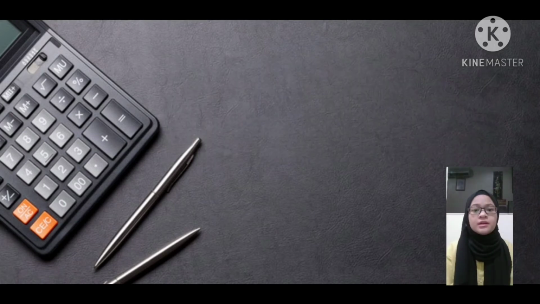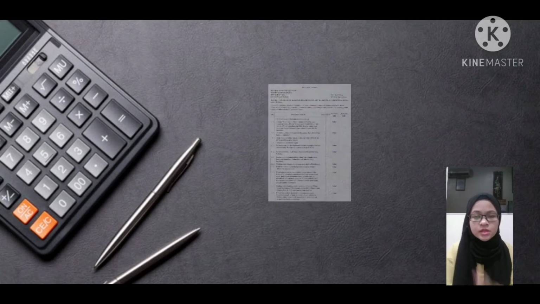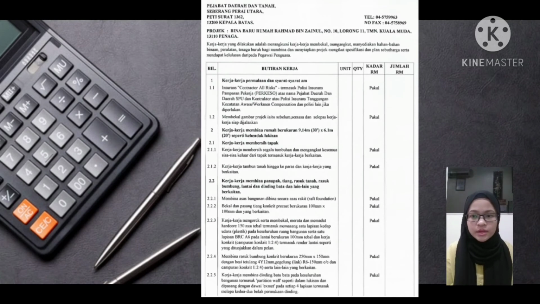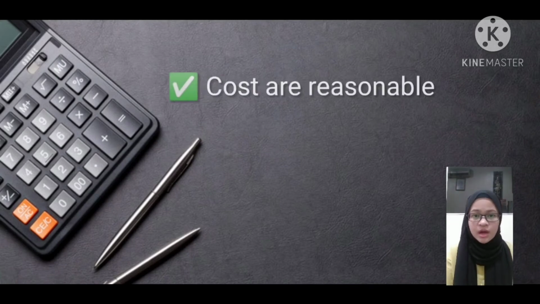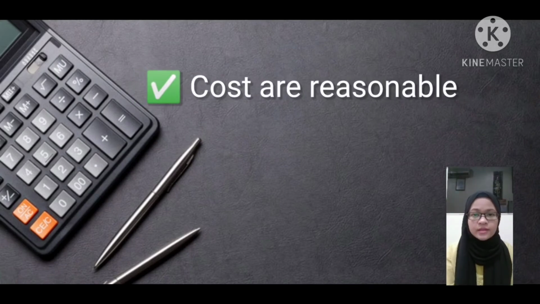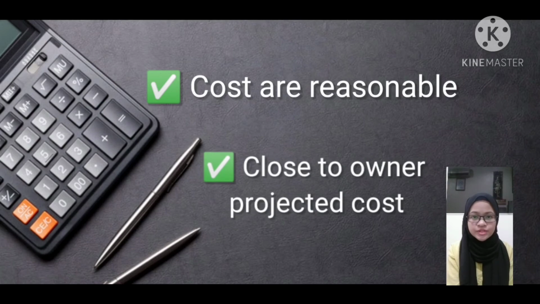It means every contractor must fill in the costing so that the intended work by the contractors can be compared. The contractors must make sure that their costing is reasonable and close to the owner's projected cost.